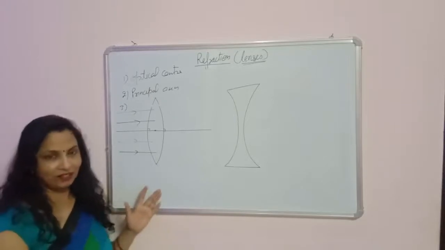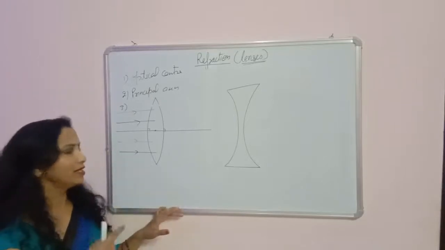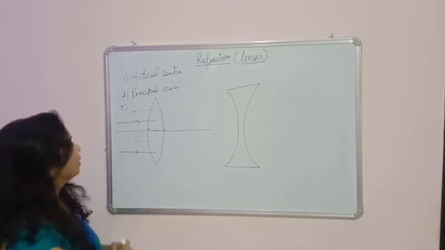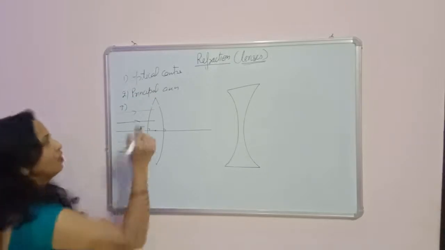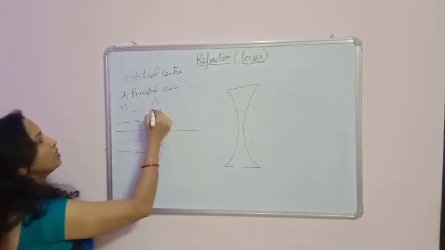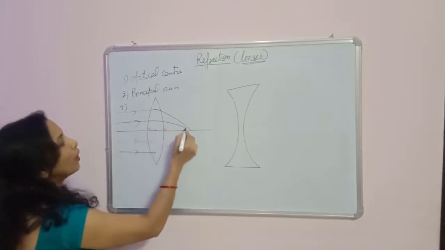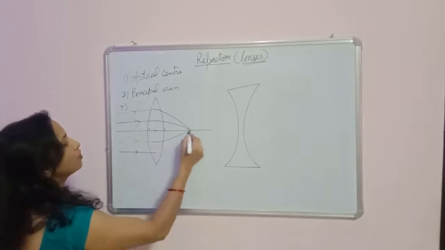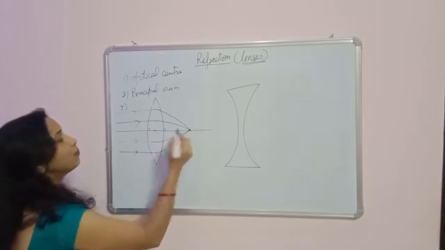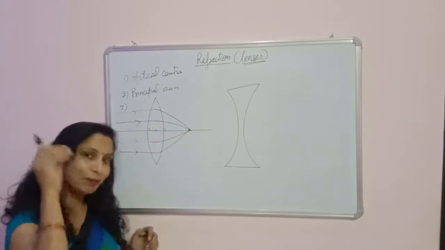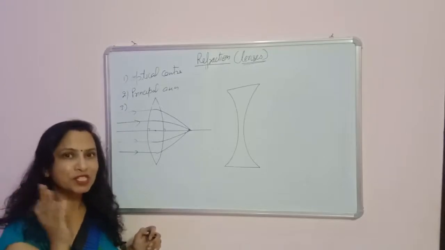And we know that when these lines pass through the lens, they will converge. So actually what happens, when this light passes through this lens, it converges on a point on the principal axis. After converging from this lens, they meet at a particular point on the principal axis.